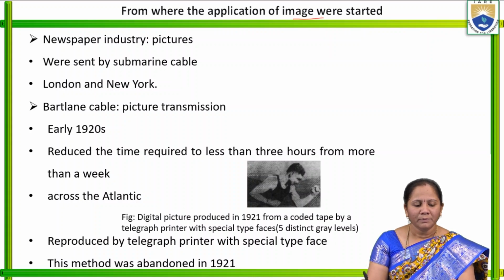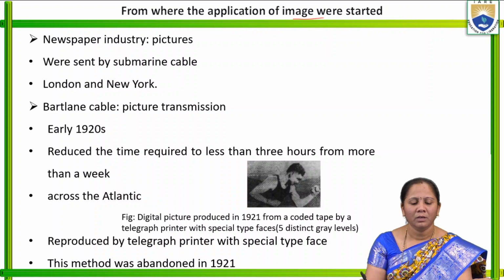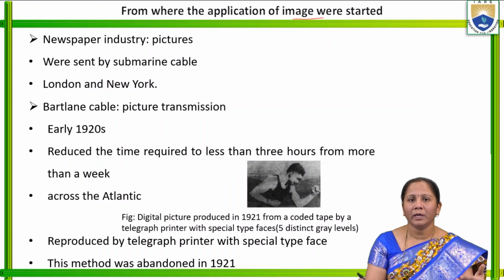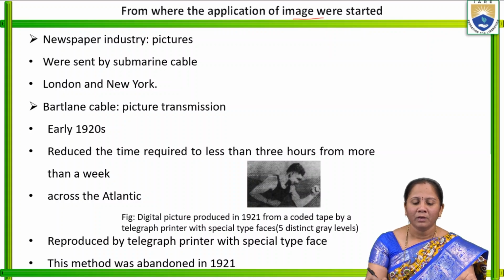Generally, nowadays digital image processing has a wide variety of applications. In the origin of digital image processing, we are going to discuss from where the concept started and where it is now.